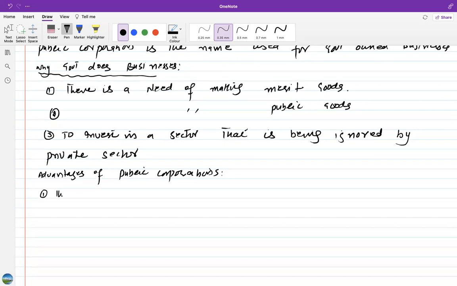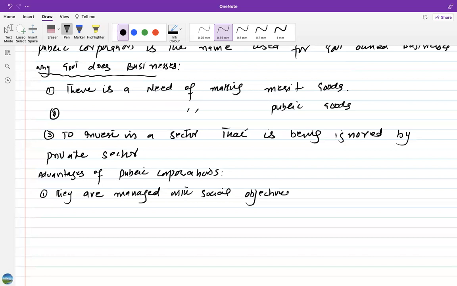First of all, they are managed with the social objectives rather with profit objectives. Although there are some government sector organizations that are much into the profit earning too, but the main objectives of the government organization is not earning much of the profit. It's mostly the social objectives.